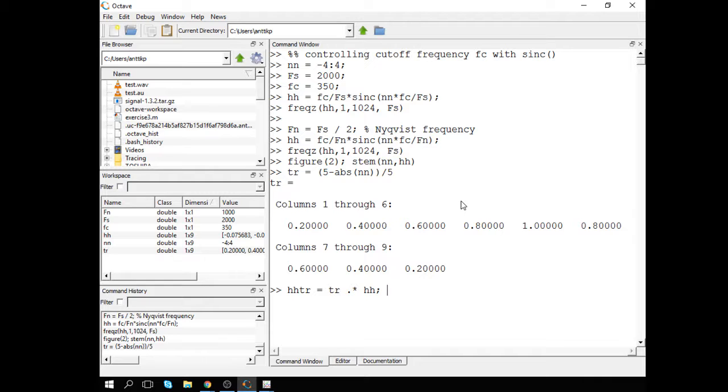There. So I'm just modifying the sync with the triangle shape window. And calculate the frequency response again. HHTR 1024 and Fs.